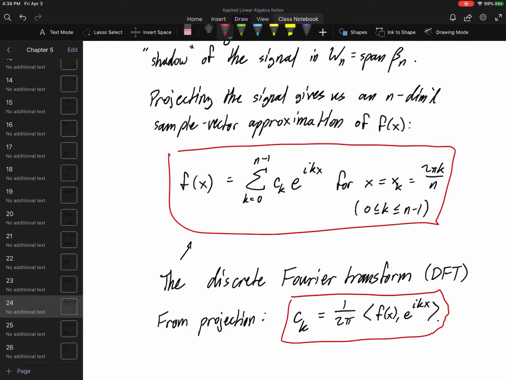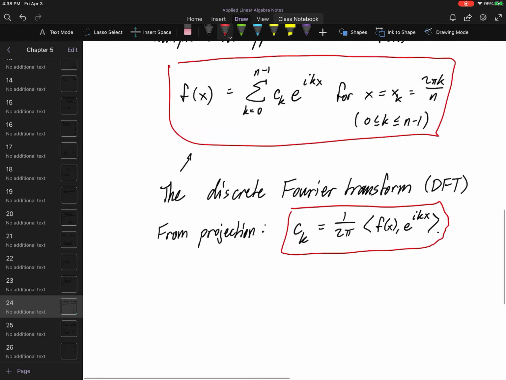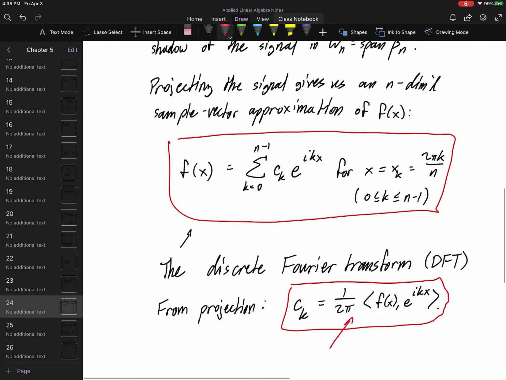And this thing in the red box is called the discrete Fourier transform of our signal. From projection formulas, we know that our coefficients can be computed as 1 over 2 pi times the inner product of f and e to the ikx. So this is the derivation that we'll take for the discrete Fourier transform. We'll go ahead and start applying this and see how it works for an actual signal.